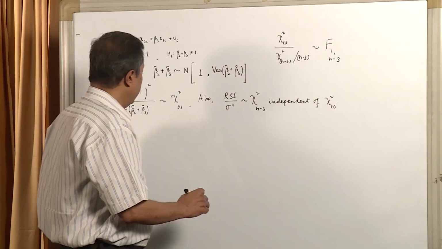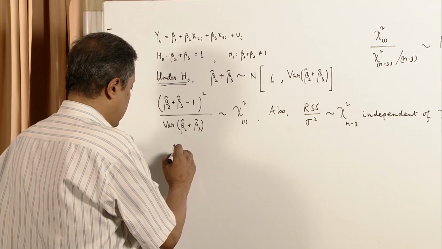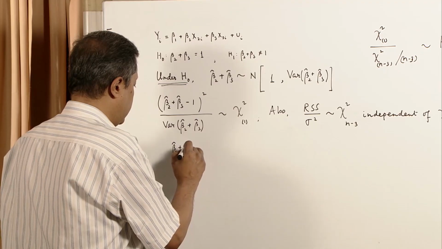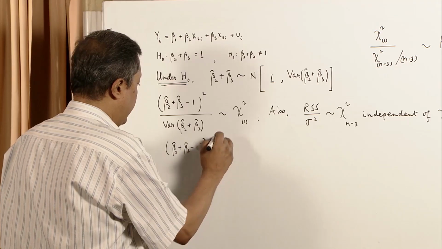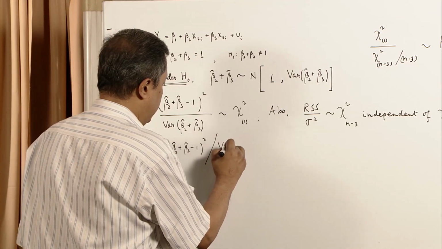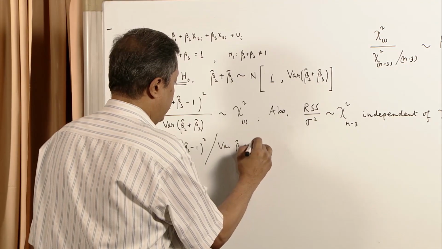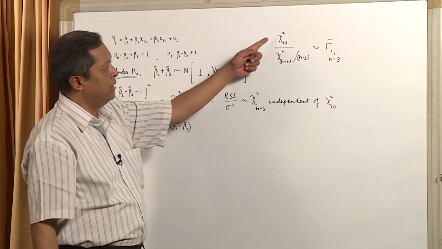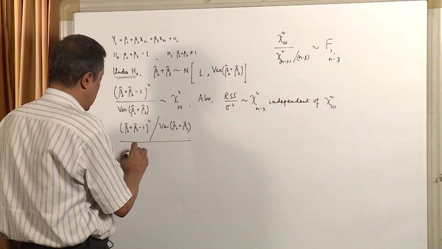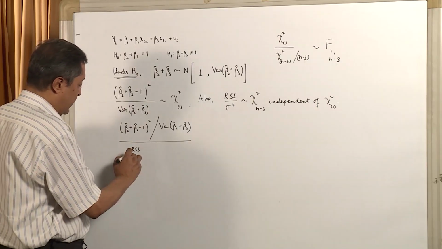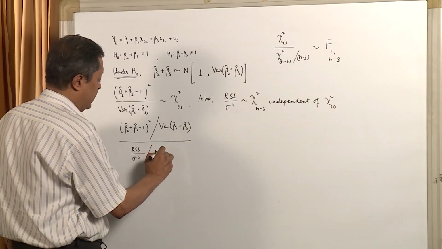And therefore, we write in terms of our test statistic: beta 2 hat plus beta 3 hat minus 1, square, divided by variance of beta 2 hat plus beta 3 hat, that is the chi-square in the numerator, and all this divided by RSS, residual sum of squares, divided by sigma square, divided by n minus 3.